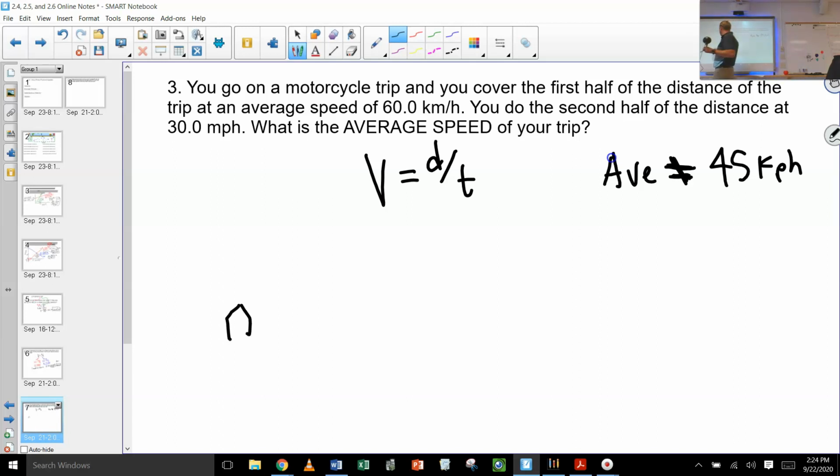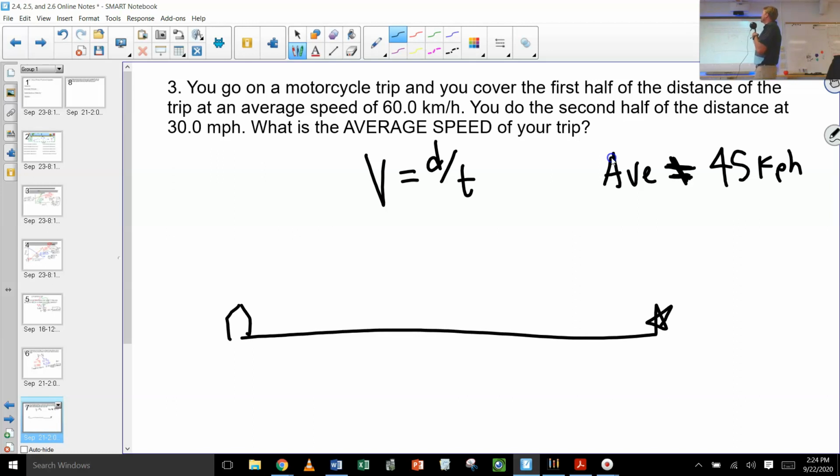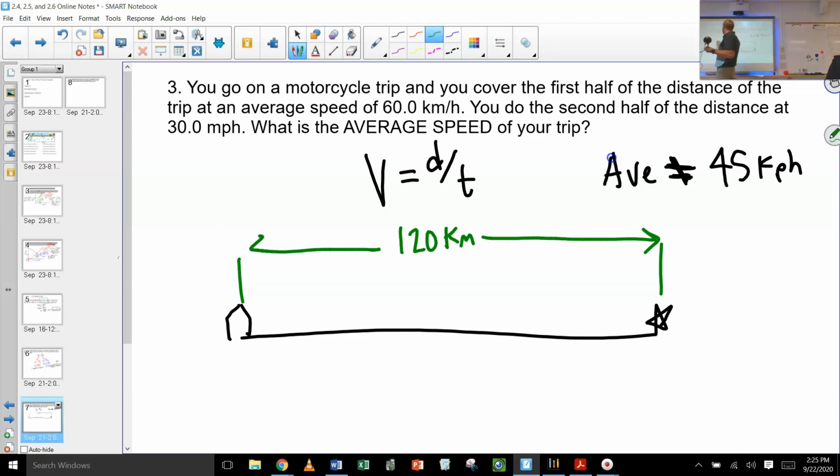It's this trip. So here's home. Here's my destination. I'm going to make my trip 120 kilometers. You might be saying, why'd you make it 120 kilometers? I'm going to tell you this.